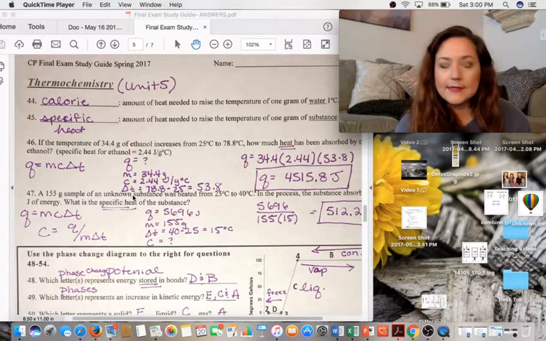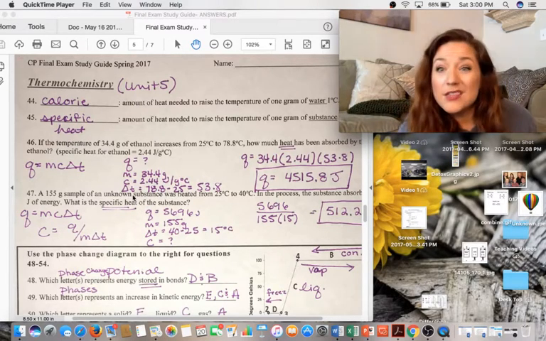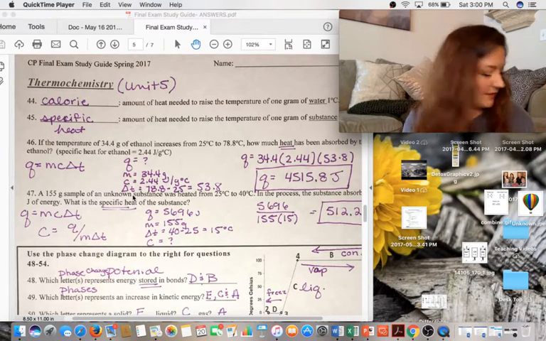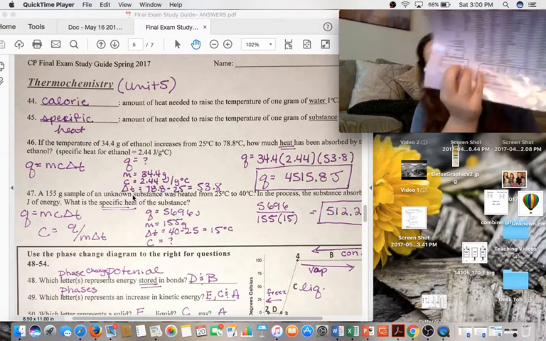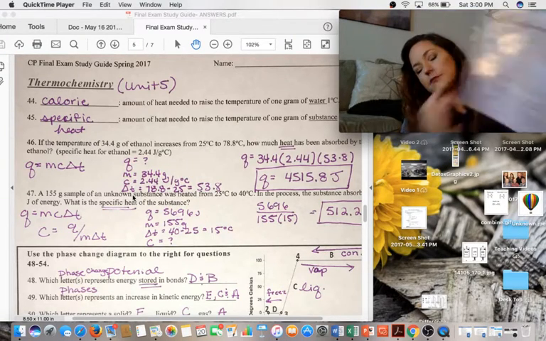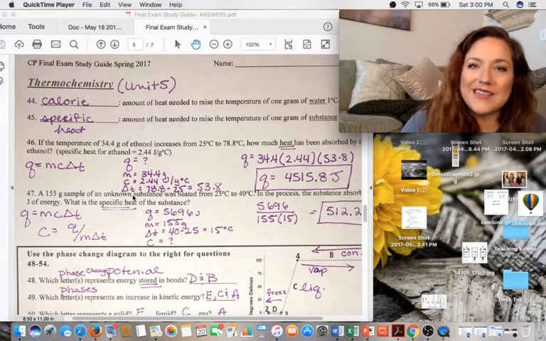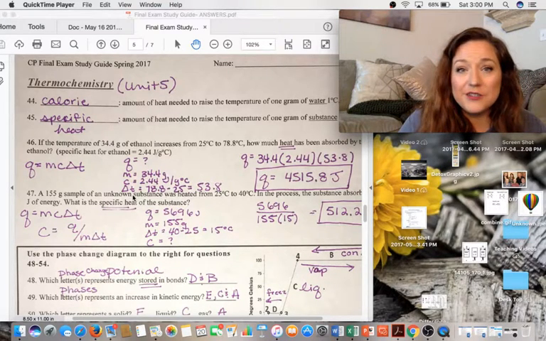46. Again, I don't want anyone to tell me they don't know this formula on Monday, Tuesday, or Wednesday when it is on the back of your periodic table. Please remember that Q equals MC delta T, and delta T is going to be your final temperature minus your initial temperature.